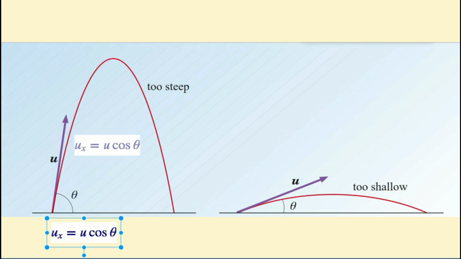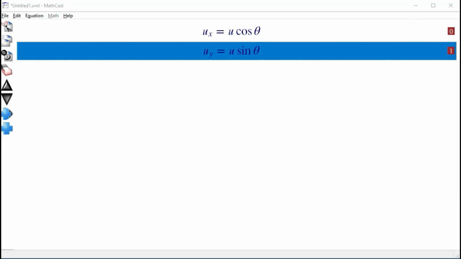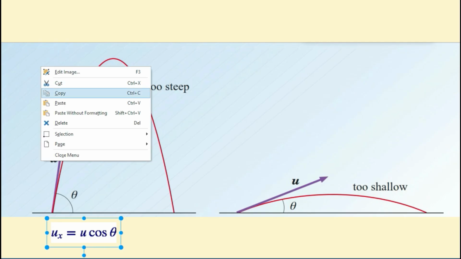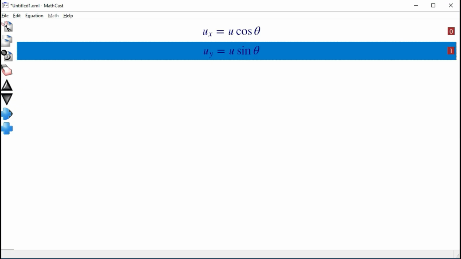So I can put ux down the bottom there, ux equals u cos theta, bring back the screen, uy equals u sine theta, and then we go back into the program here.